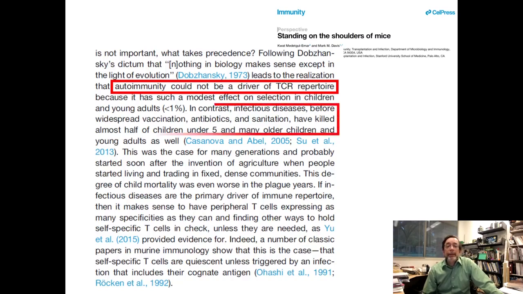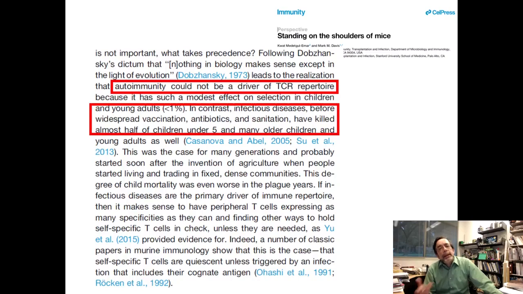So what is a children's problem is infectious diseases. And this is also a children's problem that has been addressed, that has gone far down for our continent at the very least. Because we now have vaccination, antibiotics, sanitation, children who used to die before age of 5 would live. In other words, infectious diseases used to be a much bigger problem.